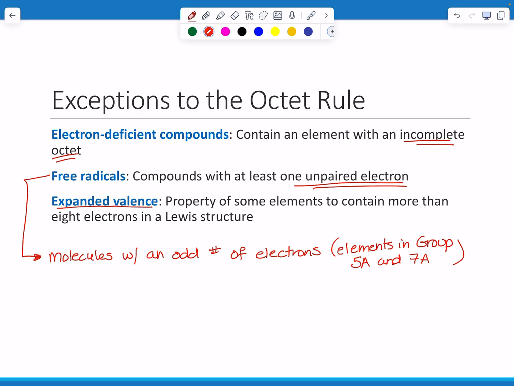These are going to be p-block elements from phosphorus and beyond, so from the third row down. What that means is in period 3, phosphorus, sulfur, and chlorine can have an expanded octet, and then anything in row 4 that's in the p block and down.